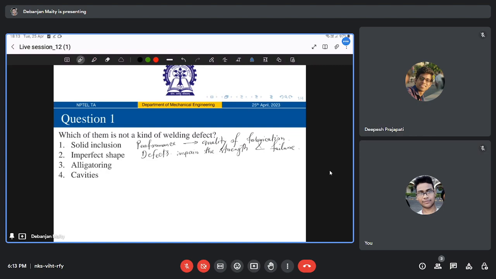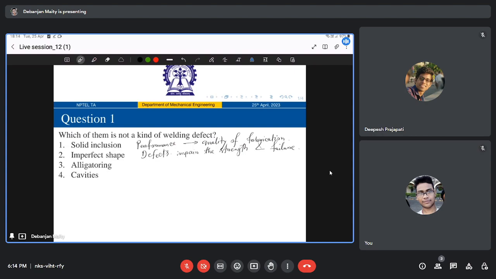The main reason for welding defects is that you are not able to follow the requirements of the welding specification. Many a time we use substandard materials. We can also have defective welding equipment, which can be a reason for defect formation.